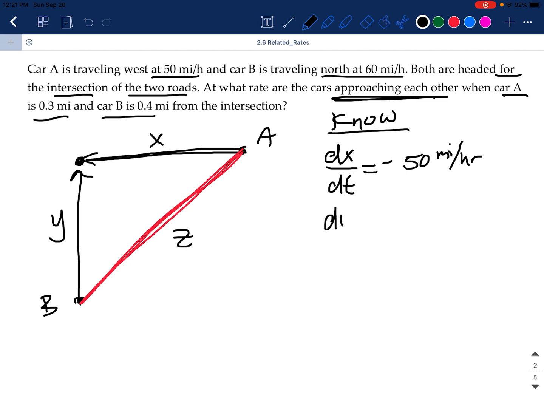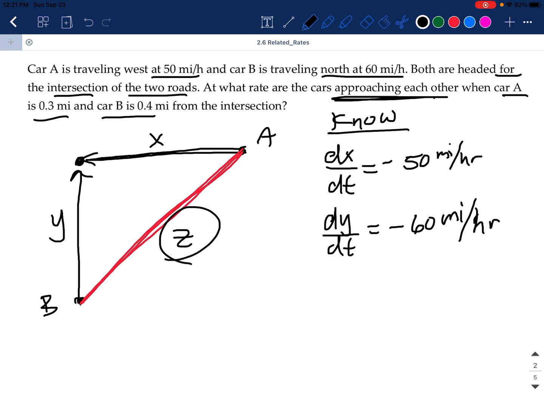And then we've got dy dt is 60 miles per hour. And if I look at the direction it's traveling, the distance is also decreasing. So note, if we had, say, car B heading south, so it was moving away, then it would be a positive velocity measurement. But because they're both heading towards the intersection, the distance is shrinking.